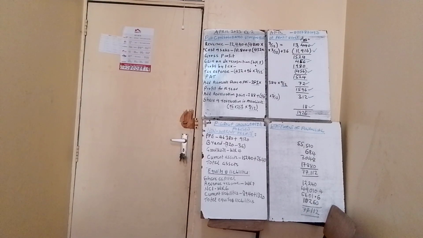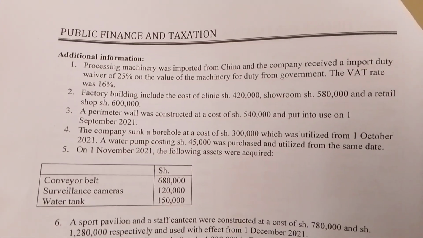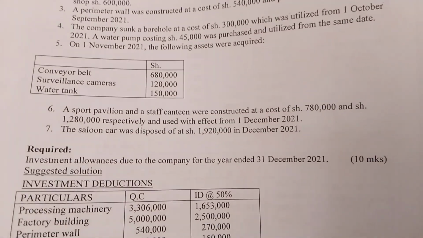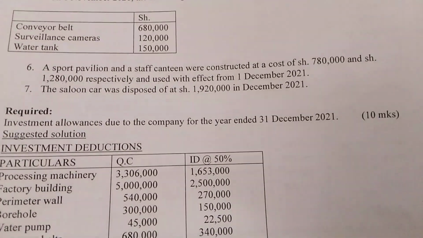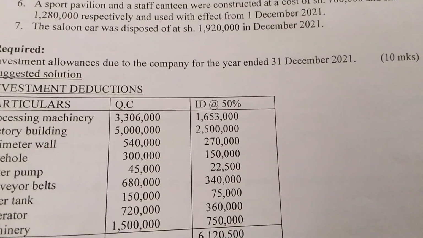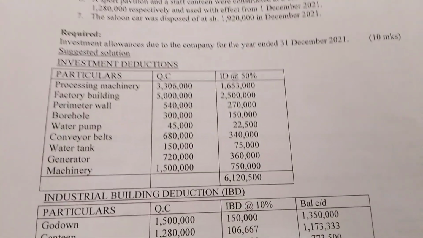The question continues on the other side with the additional information. Just go through it. Then you are required to compute the investment allowances due to the company for the year ended 31st December 2021. Solutions are there.